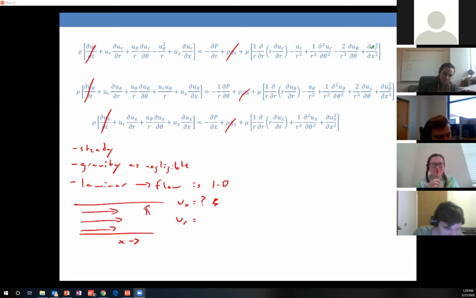And u sub theta, the velocity in the angular direction that's coming out of our page, as you can see with my hand? Also 0. This is why it's important that it's laminar. If it was turbulent, you wouldn't necessarily be able to say this.